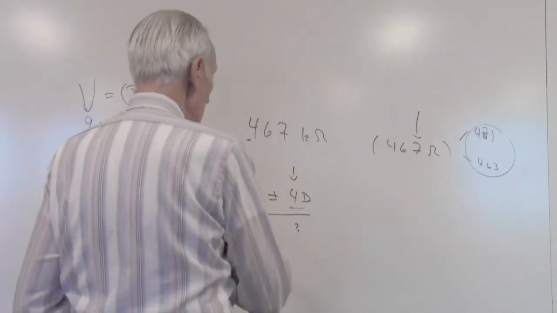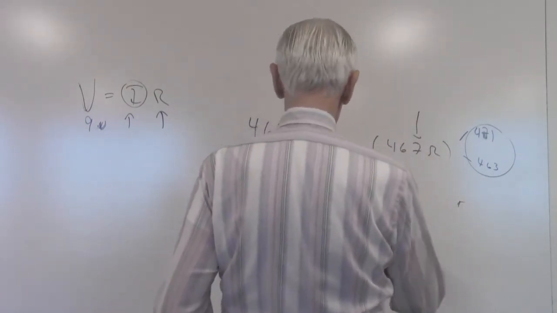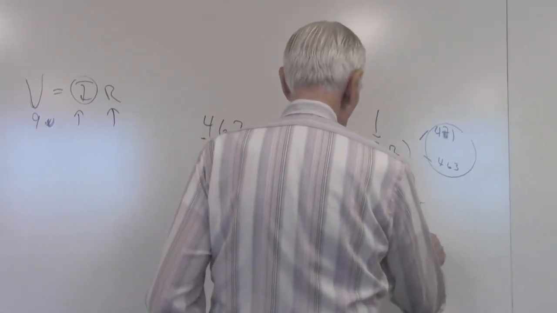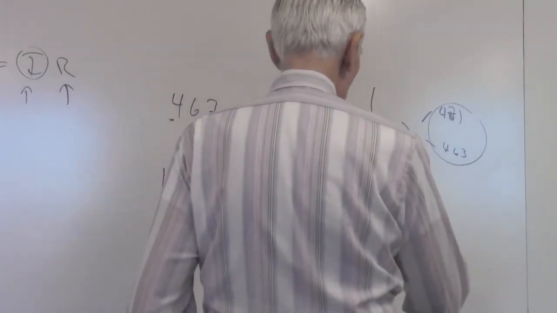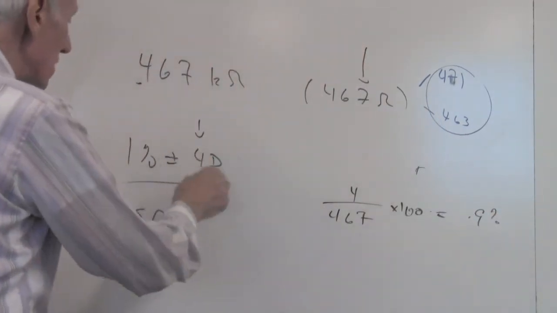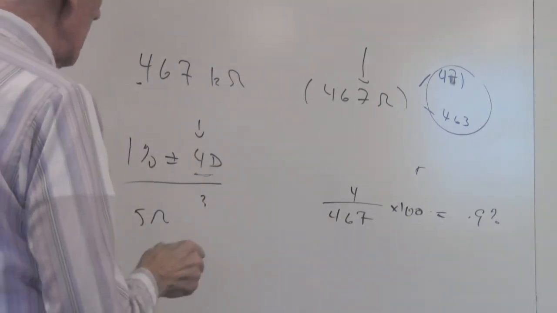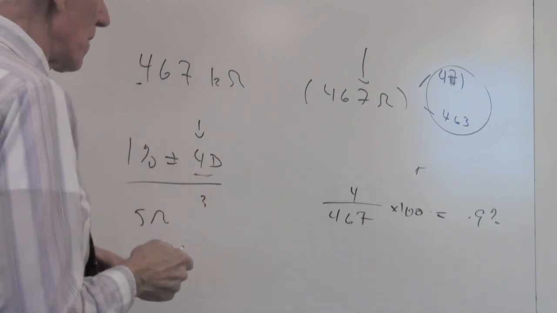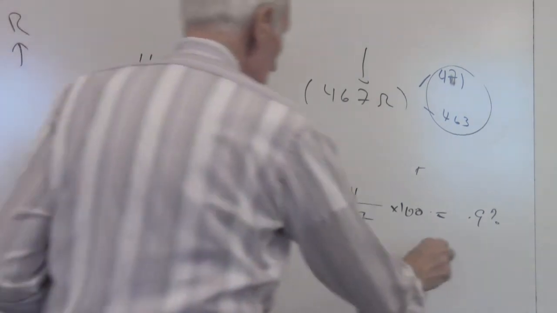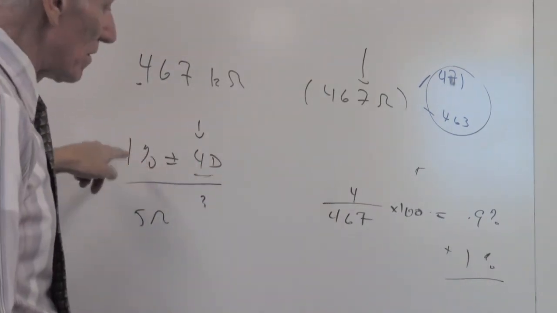So 1%, plus 4 digits out of 467 times 100. What percent is that? That's about 0.9%. So this means the reading you'd make with a 467 ohm resistor is 0.9% inaccurate. That's based on the electronics inside the meter, plus 1%. 1% plus whatever this comes out to be. This is always the same, 1%.